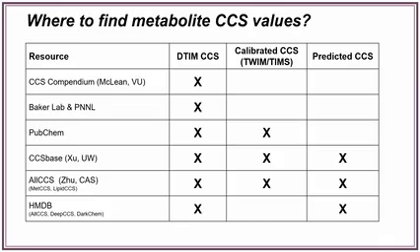They've used drift tube values and traveling wave values to develop their prediction algorithm, and so that's all in one place. The Zhu Lab from the Chinese Academy of Sciences also has a huge collection of drift tube, probably mostly trapped ion mobility, calibrated values, and predicted values that you can go in and search as well.